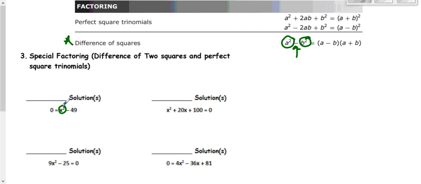Well, x would. So I'm going to have x and x in my linear factors. And then what would multiply to make negative 49? Thinking that it's the difference of two squares also, this is a square, so I would have minus 7 and plus 7.